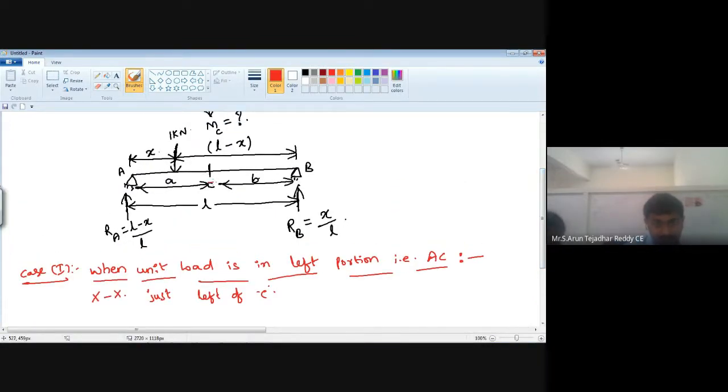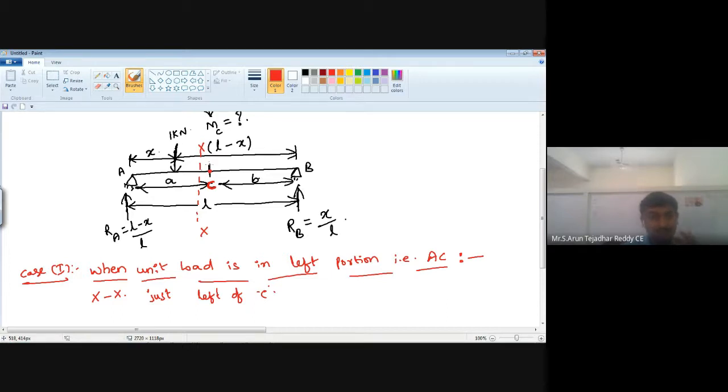This is our C. And what is our condition? Consider a section, it means here I am considering the section XX, just left of C.